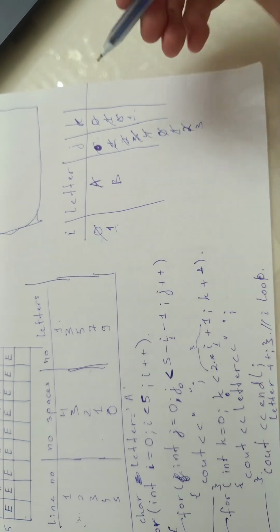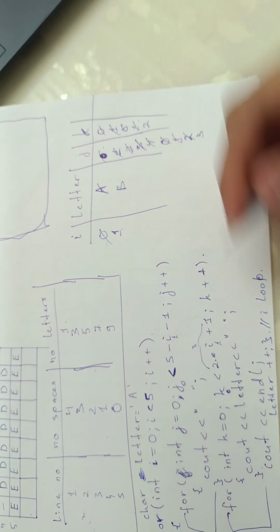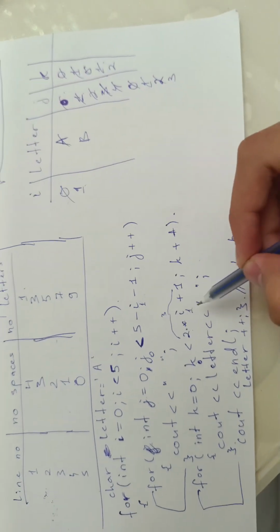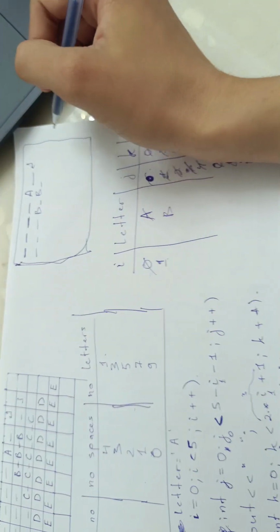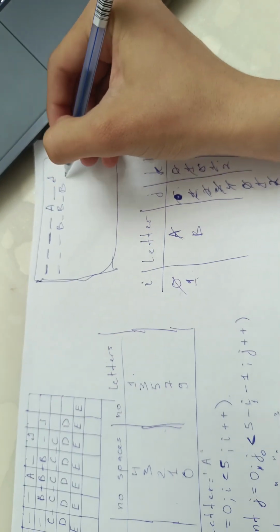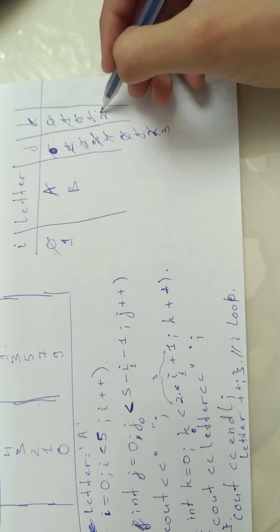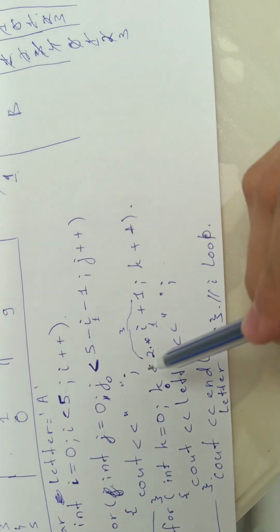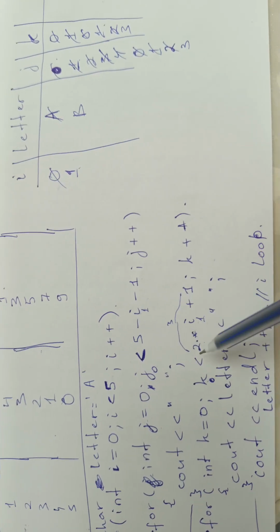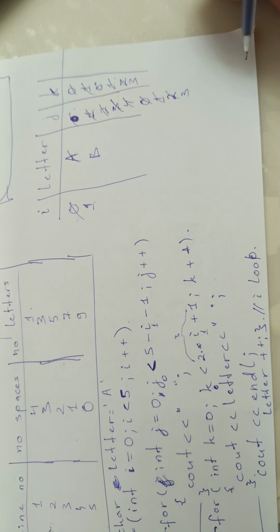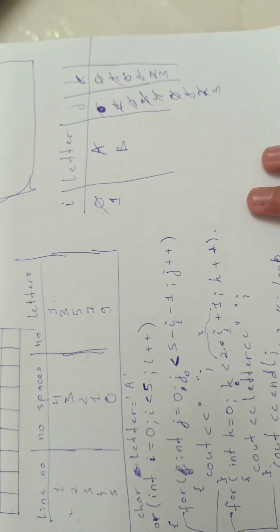Then it checks 2. 2 is less than 3, so it will print out 1 more B and a space. Then it checks 3. 3 equals 3, but it's not less than 3, so the K loop will end here.